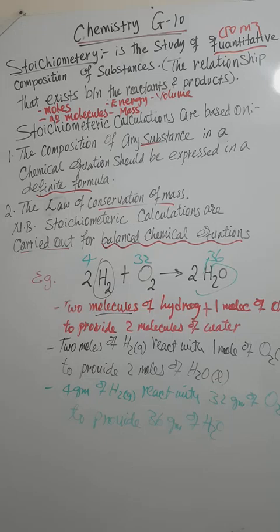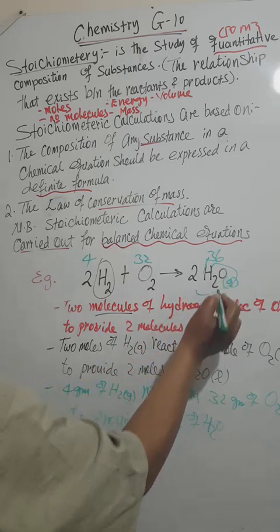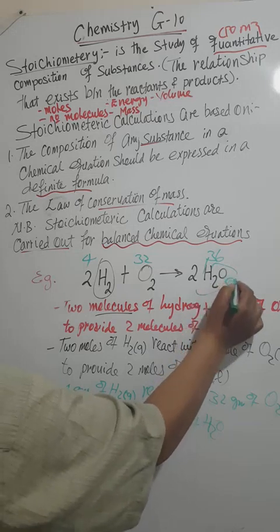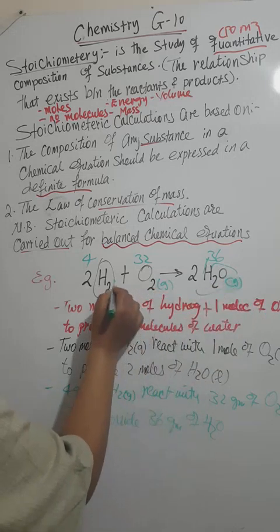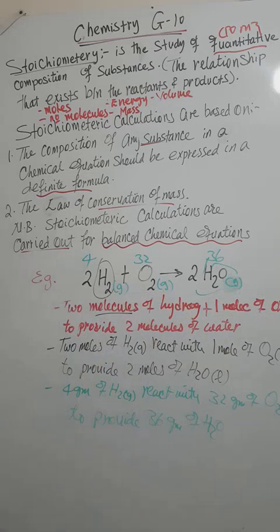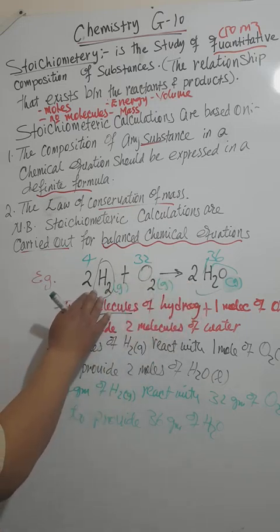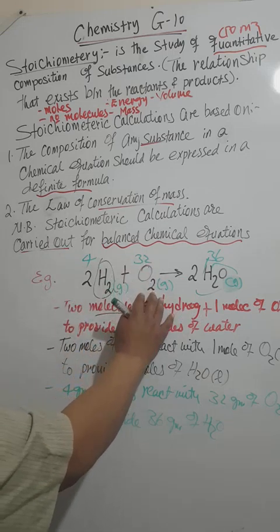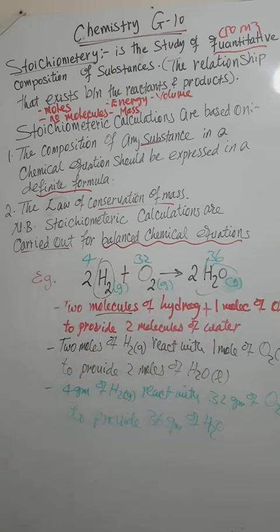The stoichiometric composition in terms of volume, assuming this is in gaseous form, we know this is gas. Knowing the temperature and the pressure of the surroundings, since there are numbers of moles, this volume of hydrogen reacts with this amount of oxygen to provide this amount of gaseous water, or water vapor.